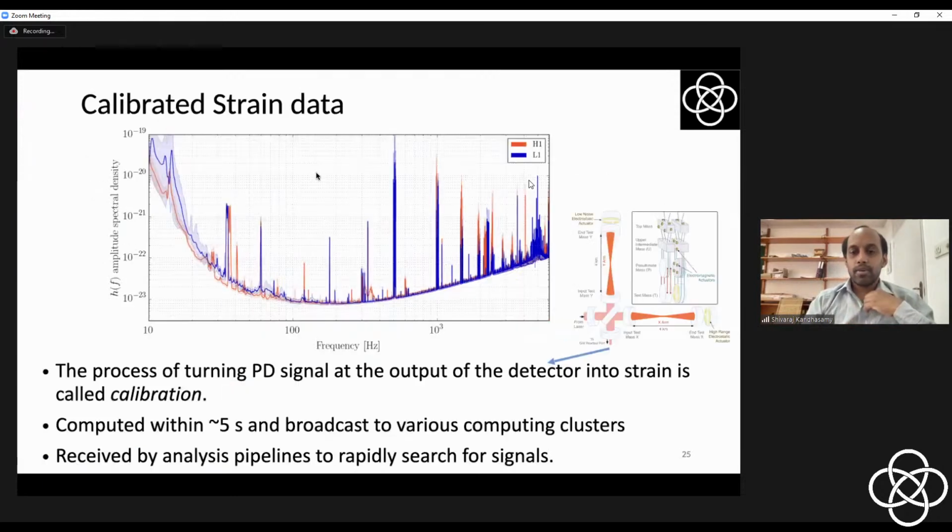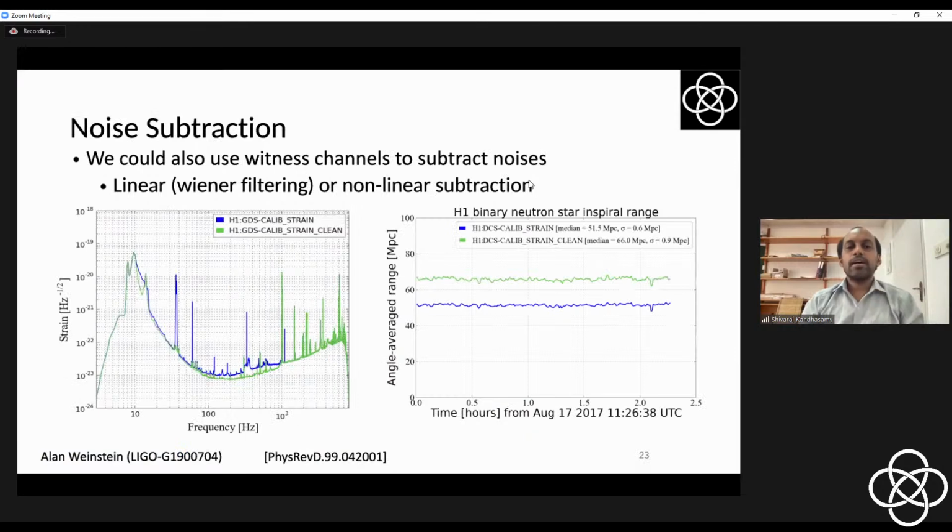So apart from identifying glitches, we can also subtract the glitches or even persistent noise in the data. This is done through what we call linear filtering, or we also do nonlinear subtraction. The figure on the right shows, during observing run 1 at the Hanford detector, there was excess noise. Here on the left side, you can see this picture.